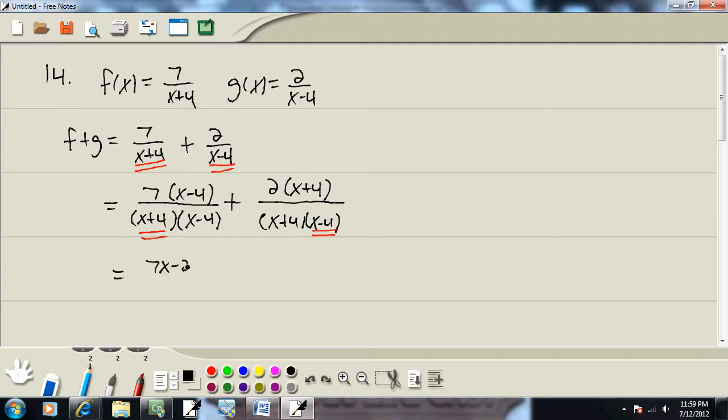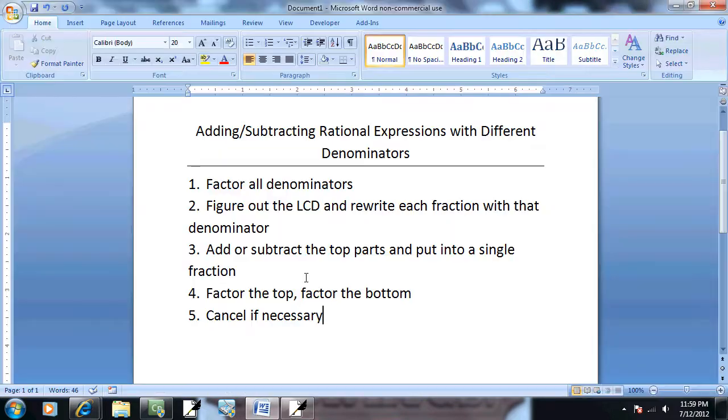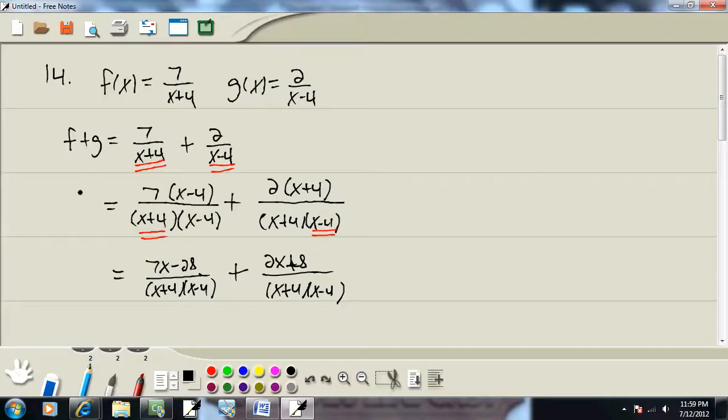So that gives us 7x minus 28 over x plus 4, x minus 4, plus 2x plus 8, distributive property on those, over x plus 4 and x minus 4. That was step 2, I guess.